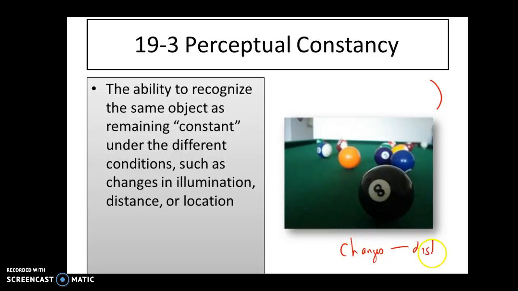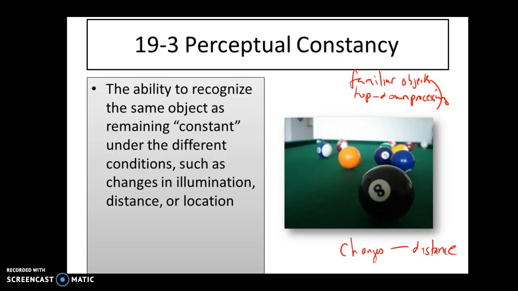depending on distance. Now, what's key to perceptual constancy is we are dealing with familiar objects, and it's also a form of top-down processing. Two terms you already know.